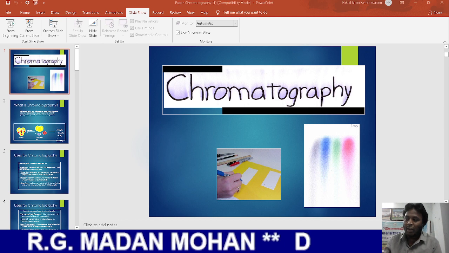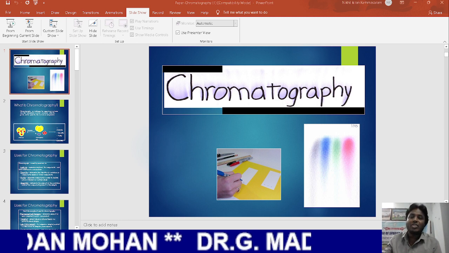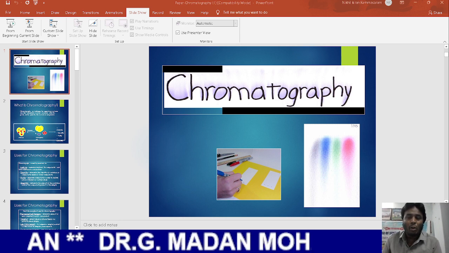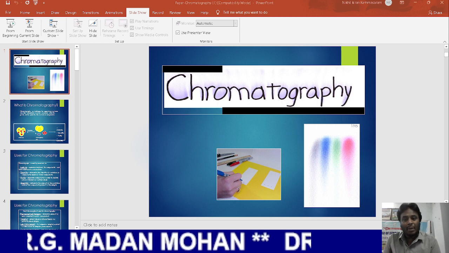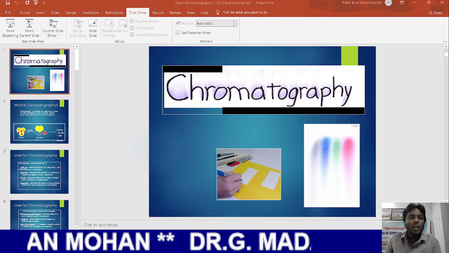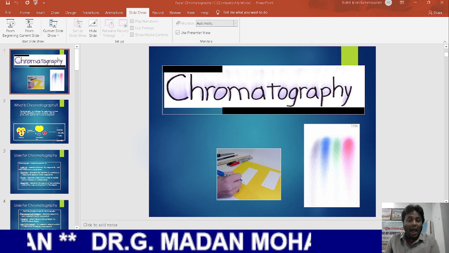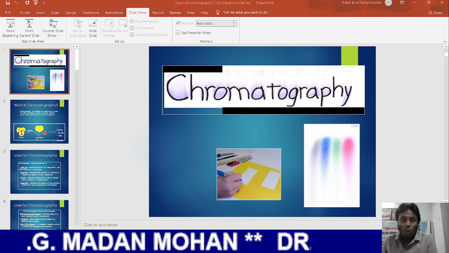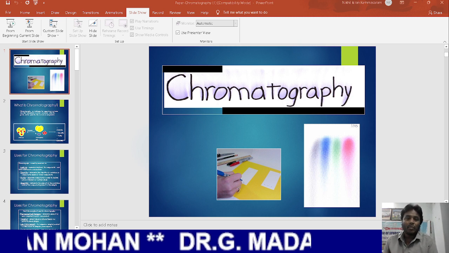It was introduced for the first time by Consden, Gordon and Martin. The paper that we use in paper chromatography is Whatman No. 1 grade filter paper. The reason behind the usage of Whatman paper is that it contains 100% cellulose, and cellulose has a high holding capacity for water. The water held by the cellulose molecules acts as the stationary phase.